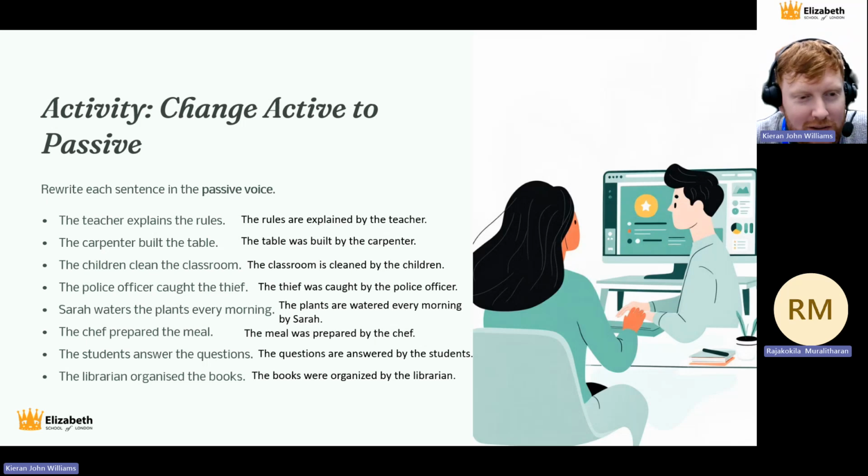Okay, so the plants. Yeah, that's okay. The "every morning" is not really necessary here. The plants are the object. So the plants are water by Sarah. Okay, so remember for water, watered. Perfect. Very good. The plants are watered every morning by Sarah, or by Sarah every morning. It's not important. Good.